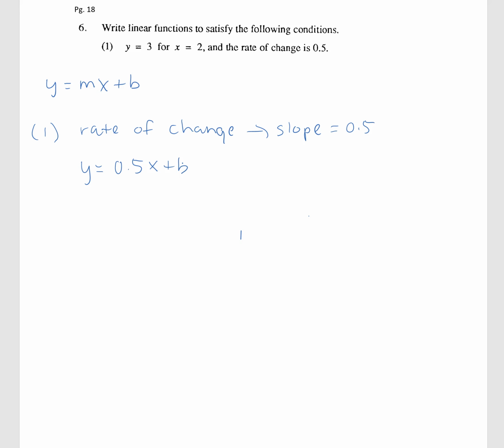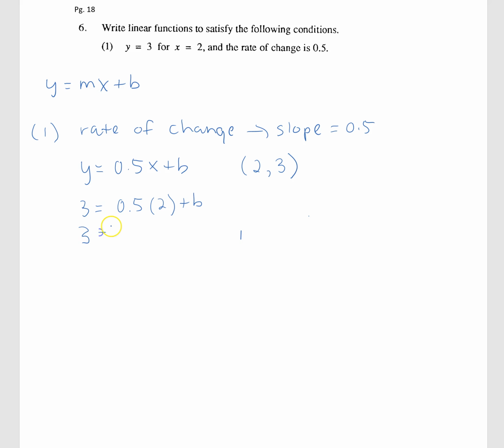So to figure out what b is, all we need to do is plug in a set of values for x and y. And we've been told in the problem that we have a point when x equals 2, y equals 3. So we can just plug these values in and solve for b. So this gives me 3 equals 0.5 times 2 plus b.